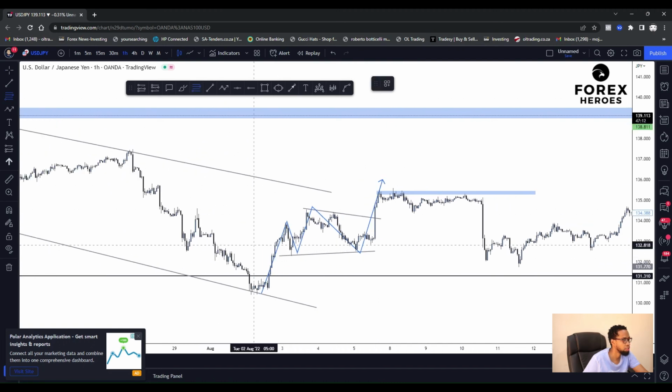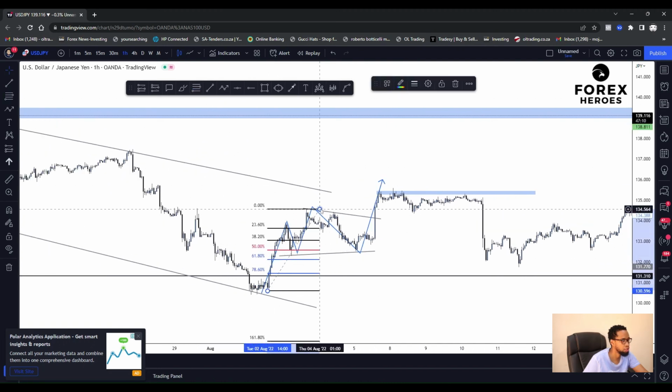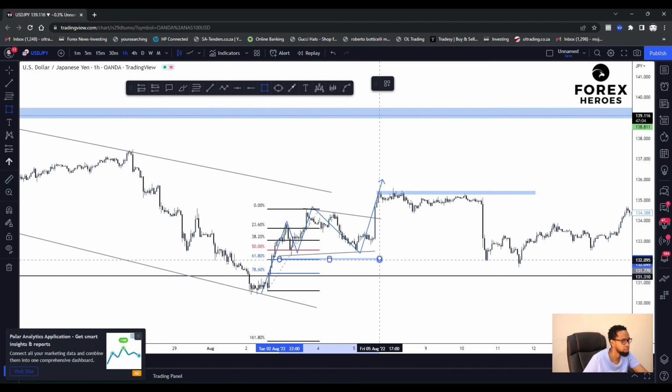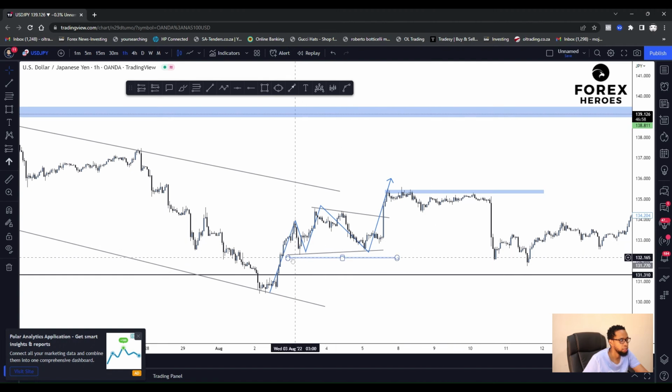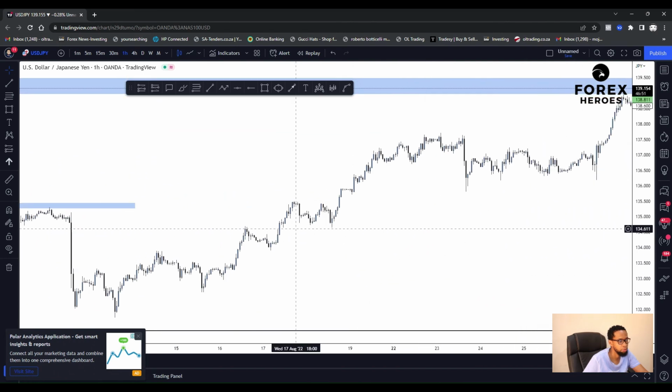So let's see our secret tool. What is it saying here? So you can see we are still above 618. So our 618 is here. Okay. 61.8.